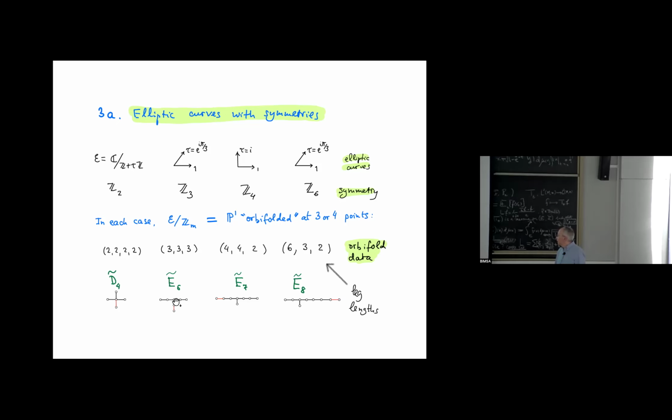For E6, you get 3, 3, 3, and similarly you get 4, 4, 2 in this case, and 6, 3, 2 for E8. So this suggests that there might be some correspondence. And if time permits, I will mention actually a more conceptual, deeper link between these elliptic curves and these Dynkin diagrams.